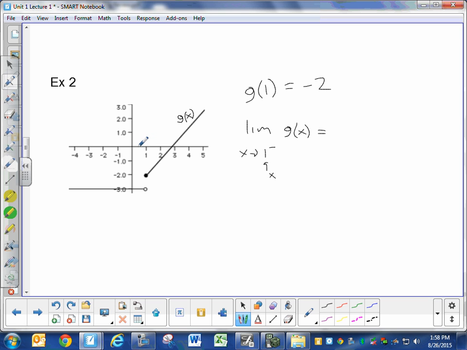I will find out where my function values are defined just to the left of 1. Well, to the left of 1, we're down here. As we approach 1 from the left, getting really, really close to 1 as the input, what is my function doing? Well, my function here is at -3, and it's staying at -3 to the left of 1. So I would say the limit as x approaches 1 from the left of g of x is -3.